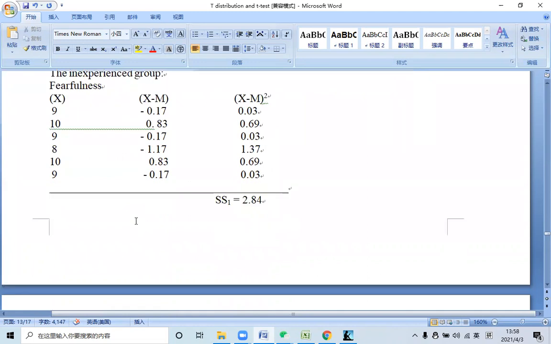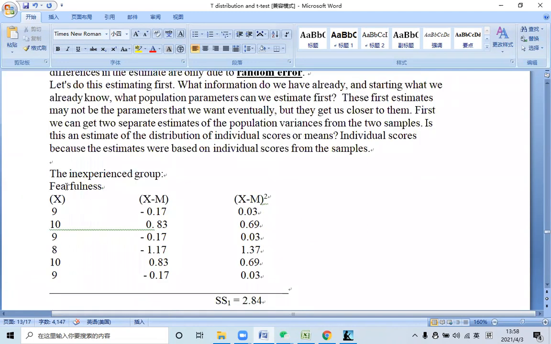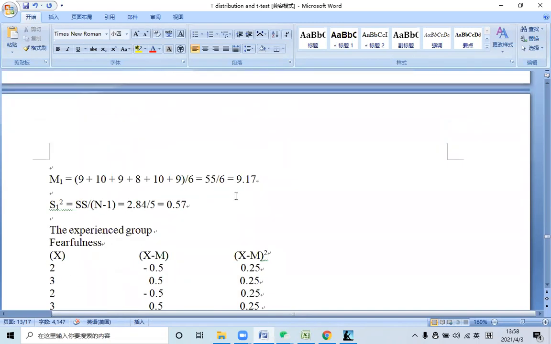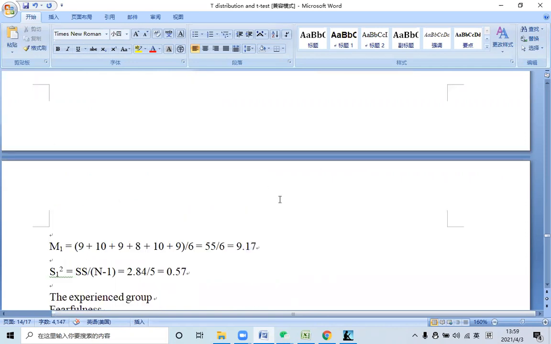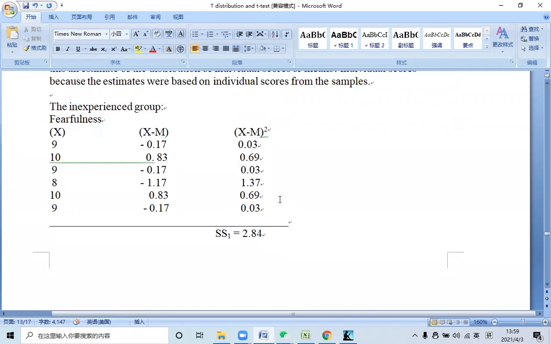Let's calculate the mean of the two groups. The mean for the first-timers, the inexperienced group. On average, their fearfulness level is pretty high, 9.17. That's a high fearfulness.